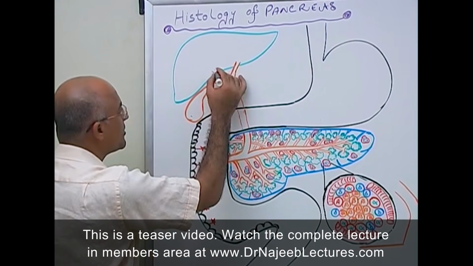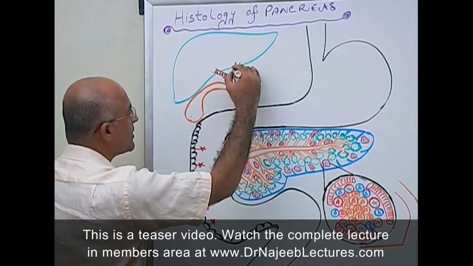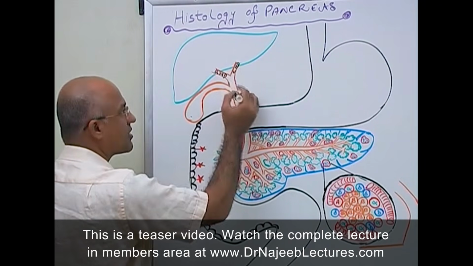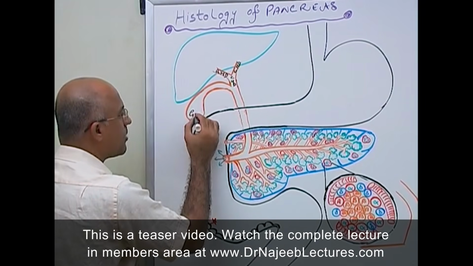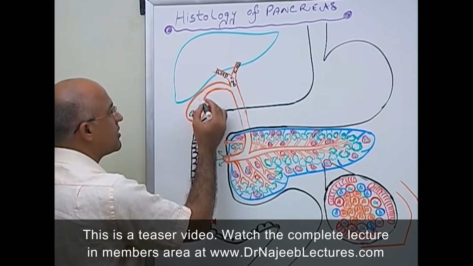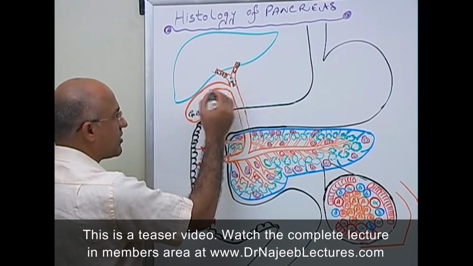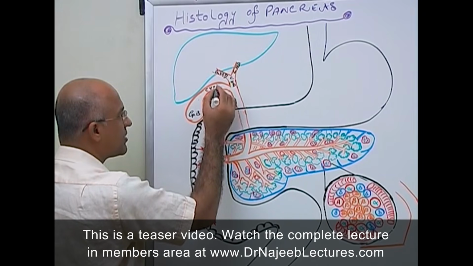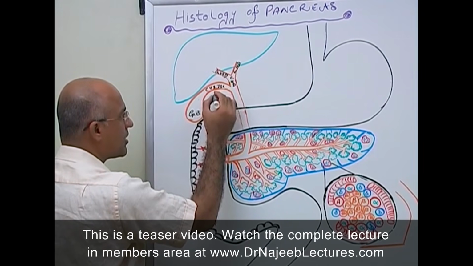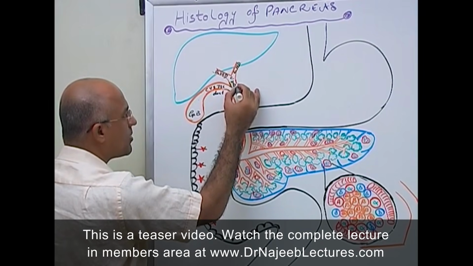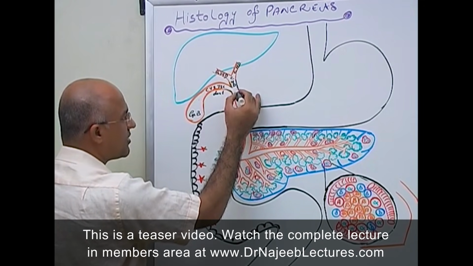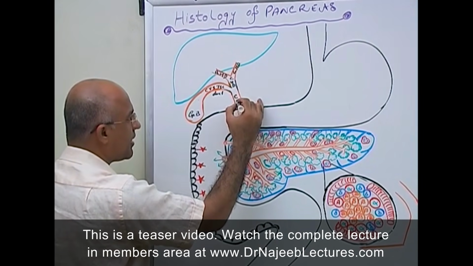Here is right hepatic duct and here it is left hepatic duct. Both of them together make common hepatic duct, and here is your gallbladder, and gallbladder is connected right here through the cystic duct, right? And when cystic duct and the common hepatic duct come together, they make common bile duct.